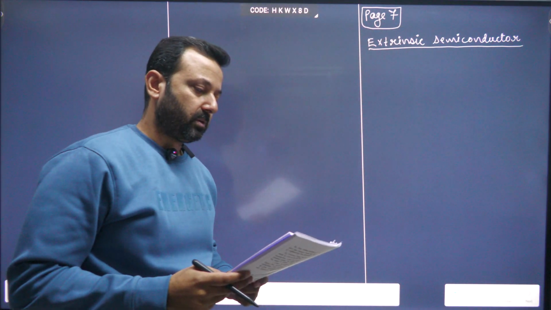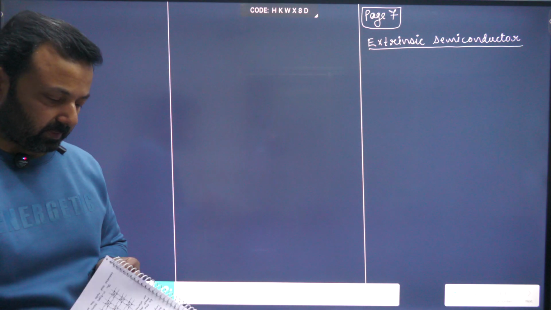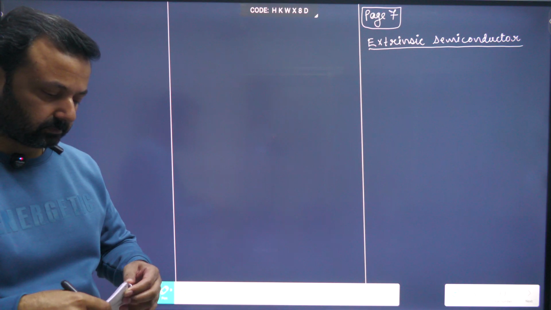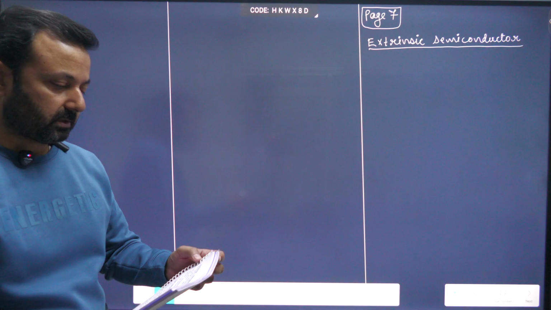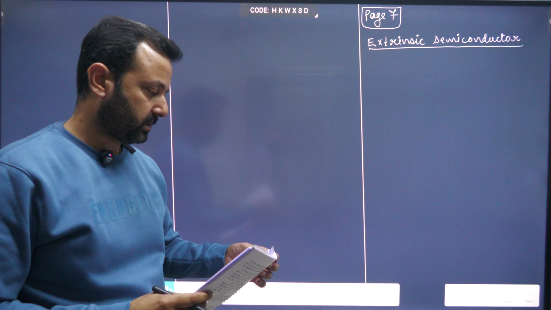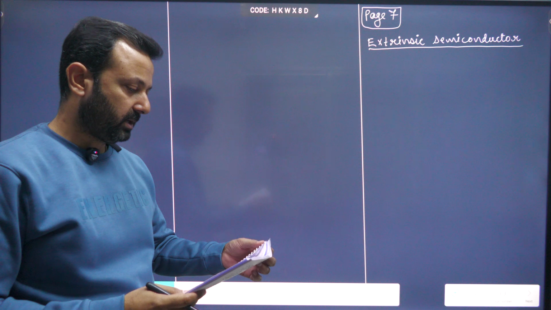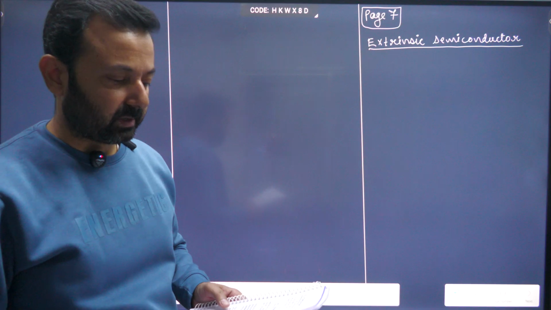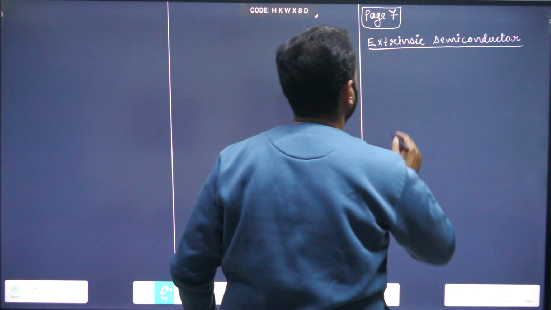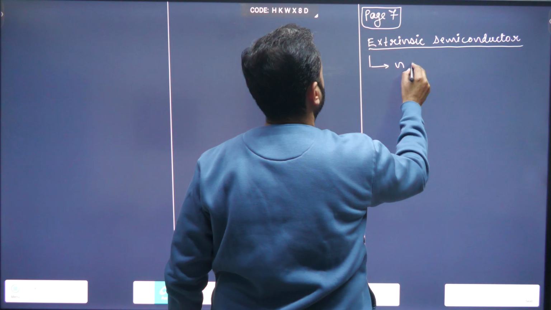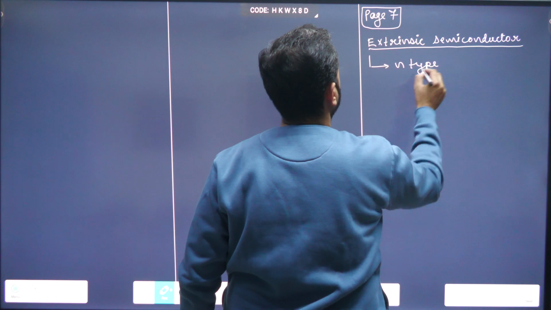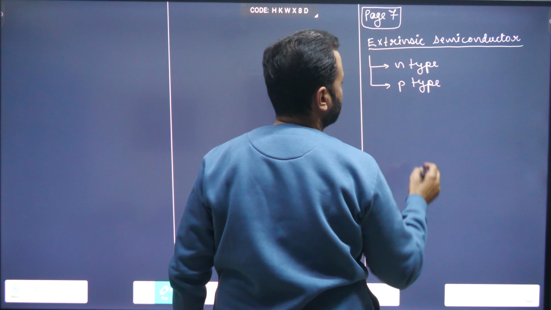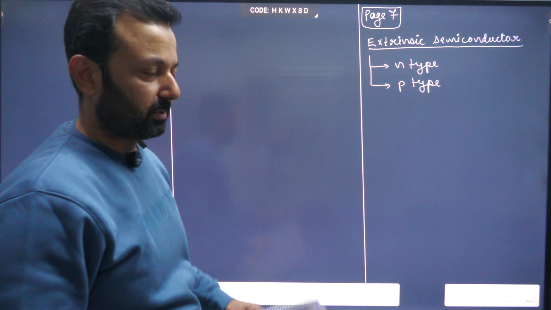A doped semiconductor, or a semiconductor with suitable impurity atoms added to it, is called an extrinsic semiconductor. Extrinsic semiconductors are of two types, n-type semiconductor and p-type semiconductor. N-type means negative type, p-type means positive type.